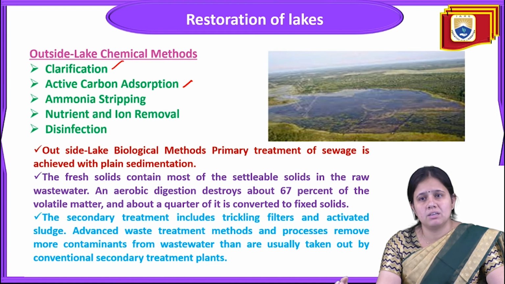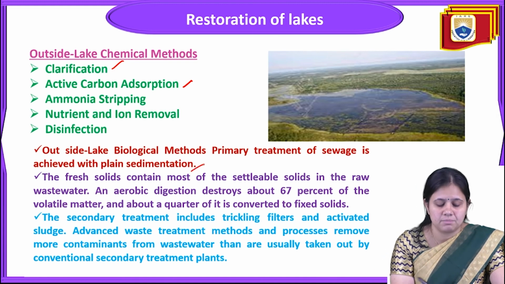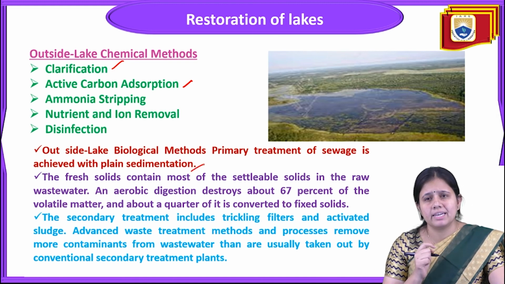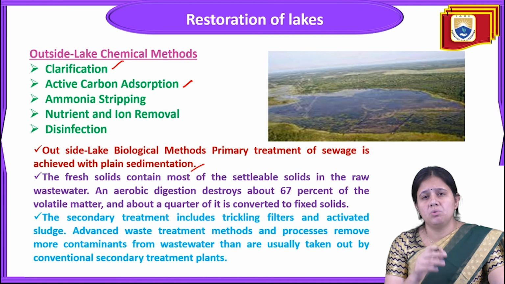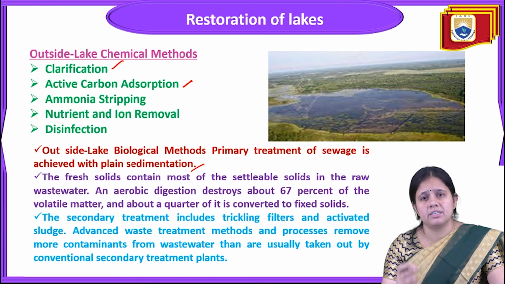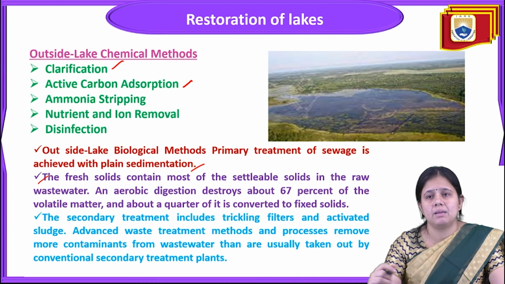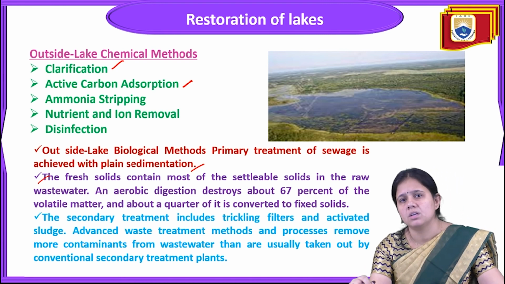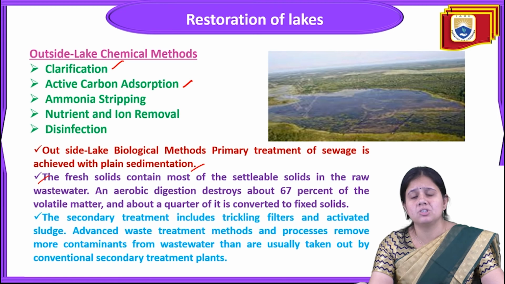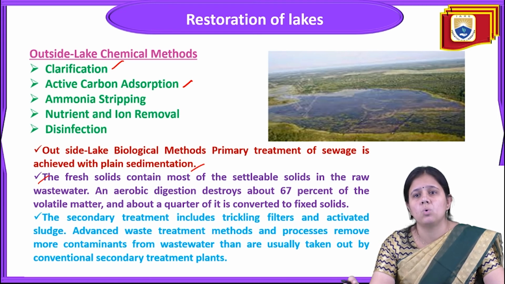Outside-lake biological methods: the primary treatment of sewage is achieved with plain sedimentation, so these nutrients will not be able to reach the water system, and the fresh solids contain most of the settleable solids in the raw wastewater. Anaerobic digestion destroys about 67% of the volatile matter, and about a quarter of it is converted to fixed solids.